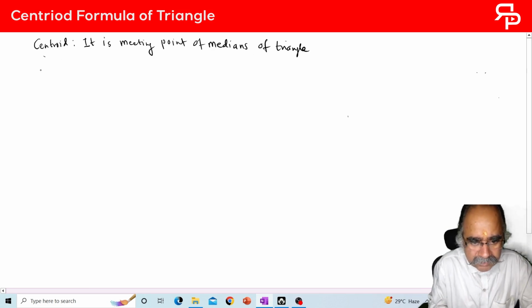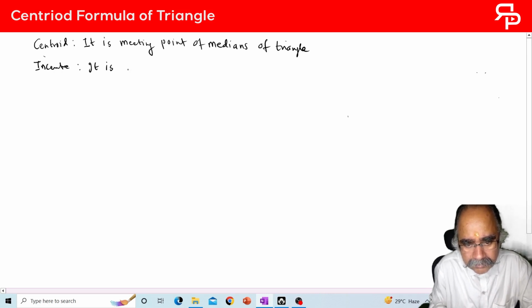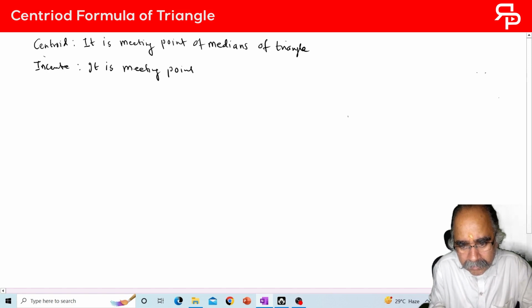Then second is what? Incenter. After centroid formula, I'll be deriving incenter formula also. What is incenter? It is meeting point of angle bisectors of triangle.